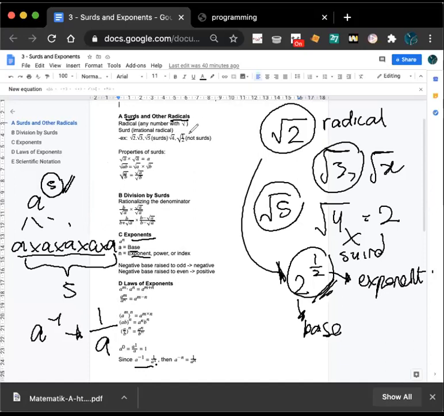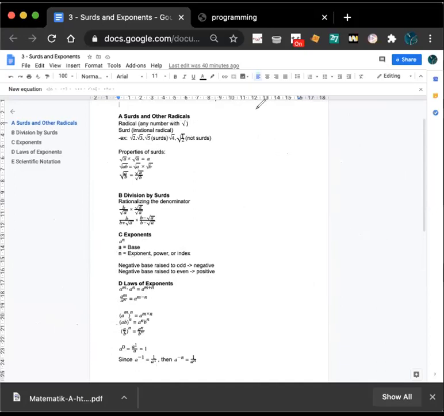Okay, so I think I should go back to the surds before I go too far from it. The thing with surds is that if you have surds with the same number inside multiplied by itself, you will be able to remove the radical.